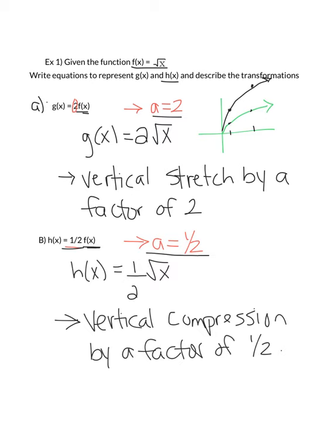So already I could see my new function. Same thing with this function. I'm going to have my original function right here, and I am going to be vertically compressing this function. So I am vertically squishing it. So my 1, 1 is going to be at 1, 1/2, and my 4, 2 is going to be at 4, 1. So my new function will look like that.